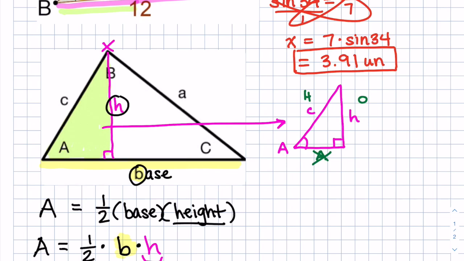So I could set this up as sine capital A is equal to height. Keep in mind that's not hypotenuse, that's height over c. And if I do a little cross multiply, I'll get another way to say height is little c times sine of capital A.